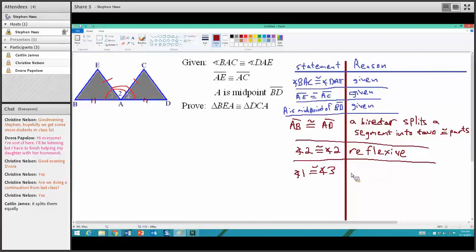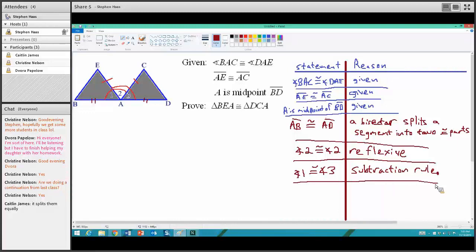The answer is yes, because we know that the entire angle BAC and this entire angle EAD are congruent to each other. When we subtract angle 2 from each of them, by definition, we still have something equal. So I'm going to abbreviate this as the subtraction rule. When you subtract the same quantity from two equal quantities, the remainder, of course, has to be equal.